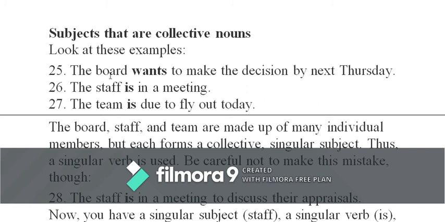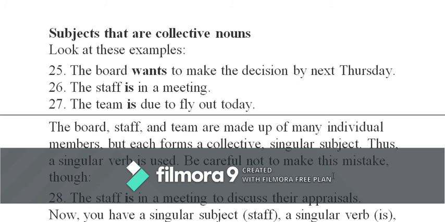Thus the singular verb is used. Singular verb, I told you, the verb with an S is called a singular verb. The verb is used with singular. Now let us proceed further.